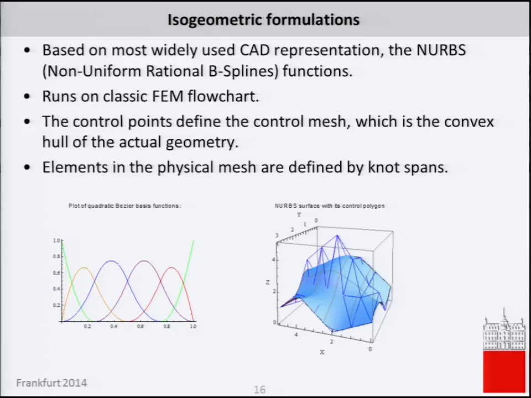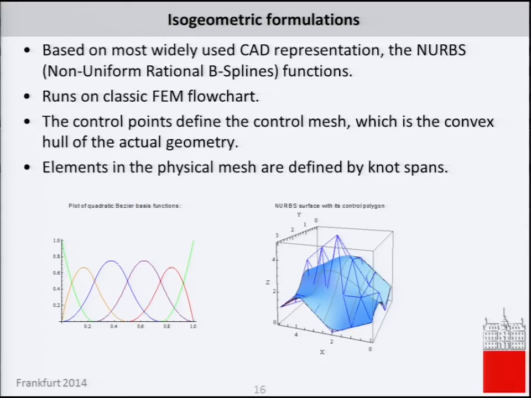isogeometric formulations. We know that the new tools in the armory of numerical methods are emerging constantly, and maybe isogeometric formulations are the latest weapon in this armory. What are isogeometric formulations?